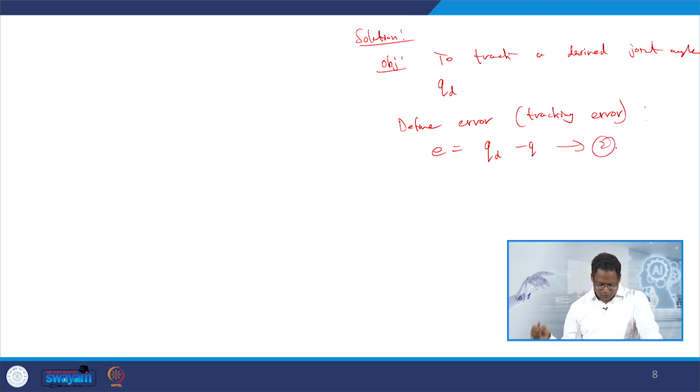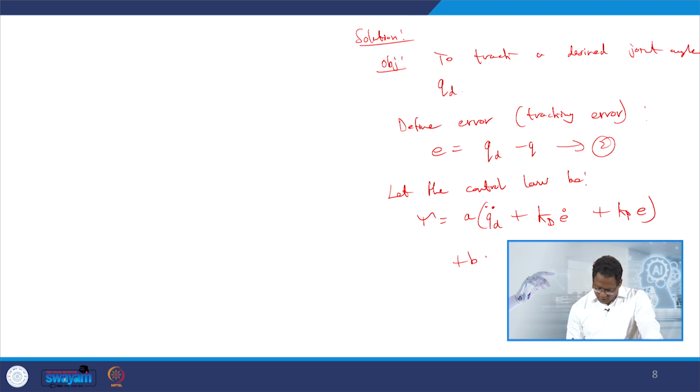This will be equation 2. Let the control law be chosen as tau equal to A multiplied by (qd double dot plus Kd e dot plus Kp e) plus B q dot plus C sin q.